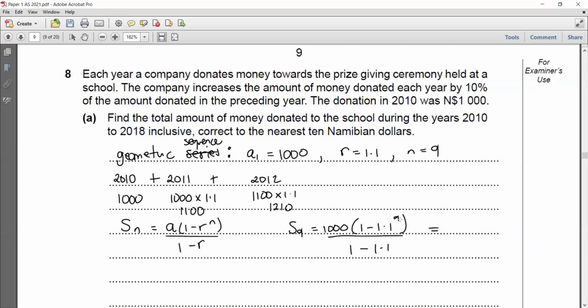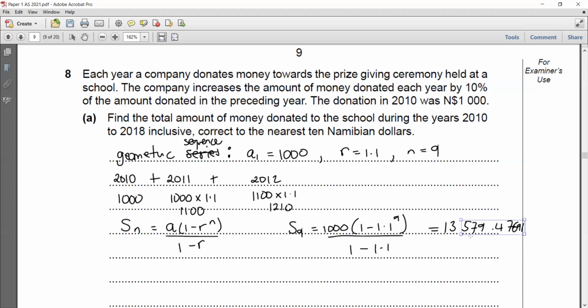And 1 minus 1.1 in the denominator. So we get 13,579.4761. Okay, now we are told to write it to the nearest 10 Namibian dollars.